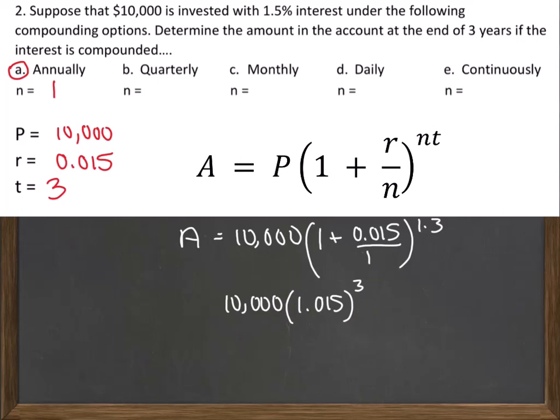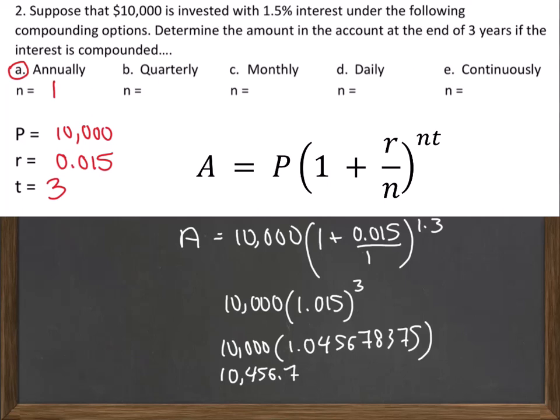So now we have $10,000 times 1.045678375. Okay, and then we multiply those numbers, and we get $10,456.78. So that would be our final answer for a single compounding per year.